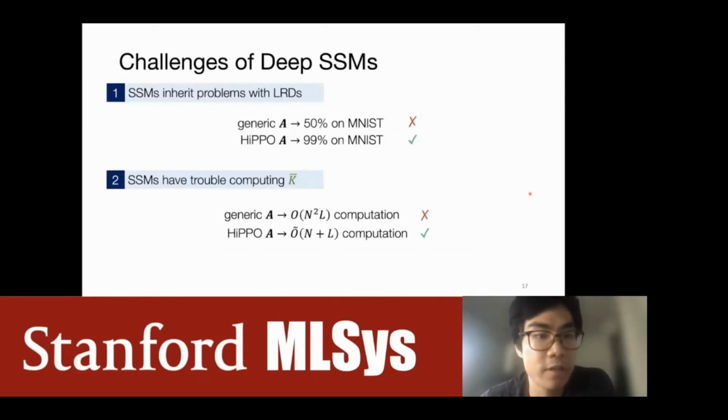So going back to the challenges, by using that special formula for A introduced before, incorporating it into the state space model automatically solves both of the challenges. It goes from very bad performance to basically state of the art on a lot of data sets, and it reduces the computation time to make it about as efficient as the fastest competitive sequence models.